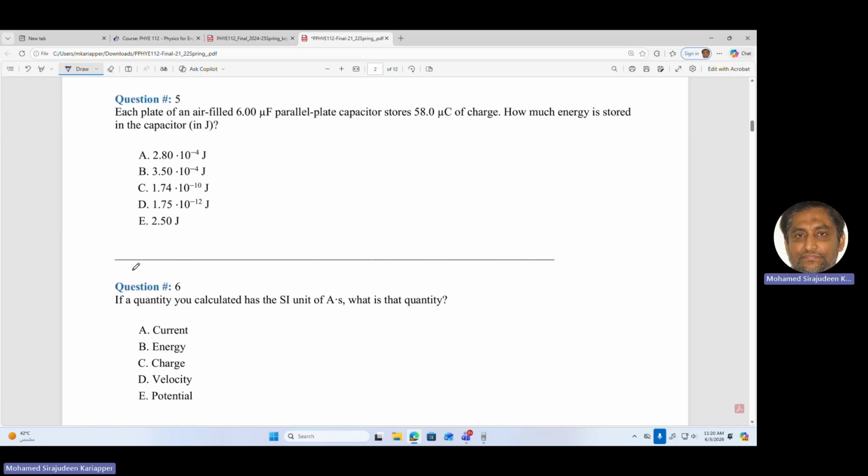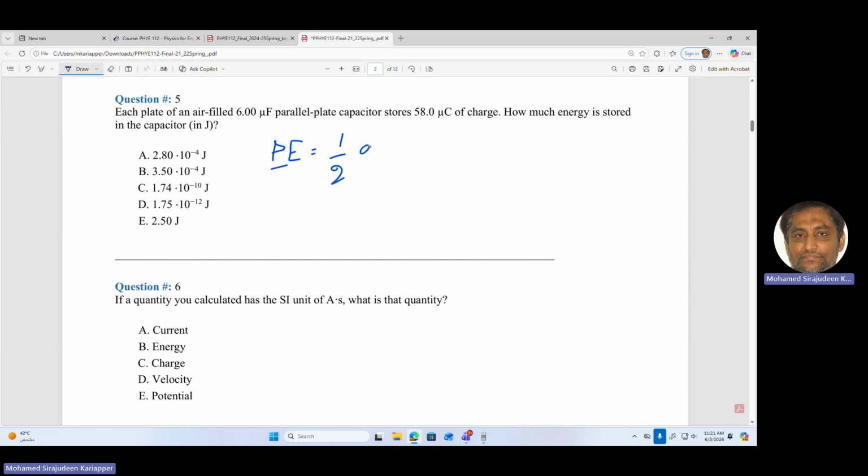Each plate of an air-filled 6 microfarad parallel plate capacitor stores 58 microcoulomb of charge. How much energy is stored in the capacitor in joule? So the electrical energy stored in a capacitor is given by U or E or PE, whatever, in the formula sheet.